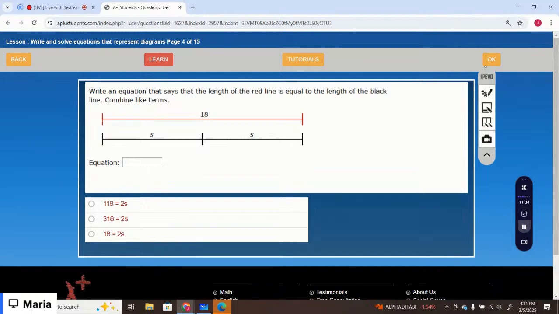Option number 3 is the correct option. Okay, you can complete the lesson by yourself today. Let's just move on to the next lesson.